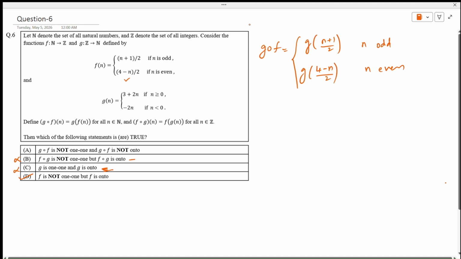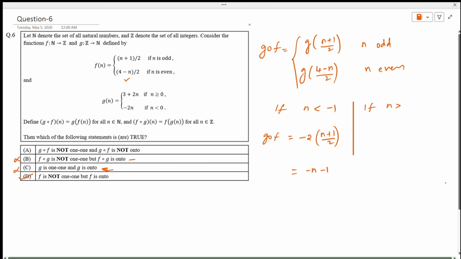Now here, the critical value for n is minus 1. If n is less than minus 1, then we'll get all negative values, for which g of f becomes minus 2n, so minus 2 of n plus 1 by 2. And that is equal to minus n minus 1.